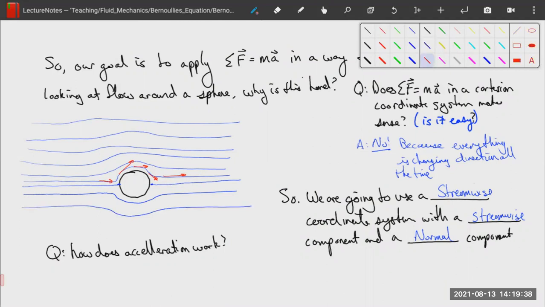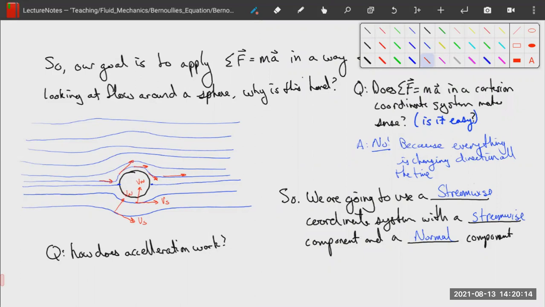If we were to pick one single point in this streamline, we would see that there is a Vs, which is the streamwise velocity, but there is also a Vn, which is the normal component of the velocity, which points normal to the streamline. And so if we do this, no matter which way the streamline points, let's pick this one right here, we have a streamwise component and a normal component, right?